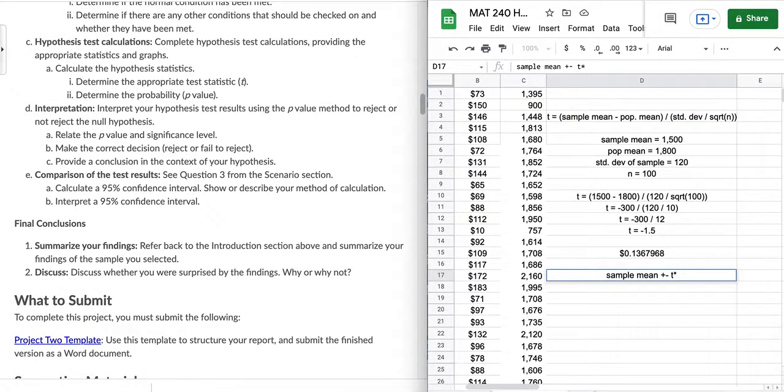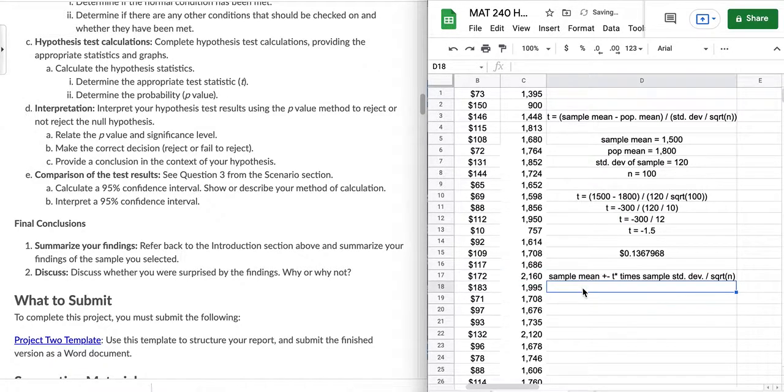That's found by doing t star times the sample standard deviation divided by the square root of n. You can probably Google search a much nicer formula.